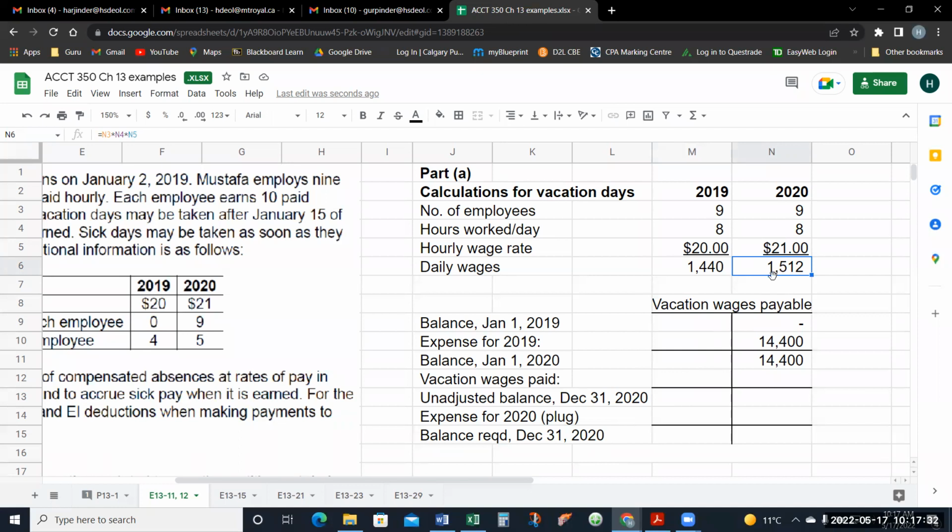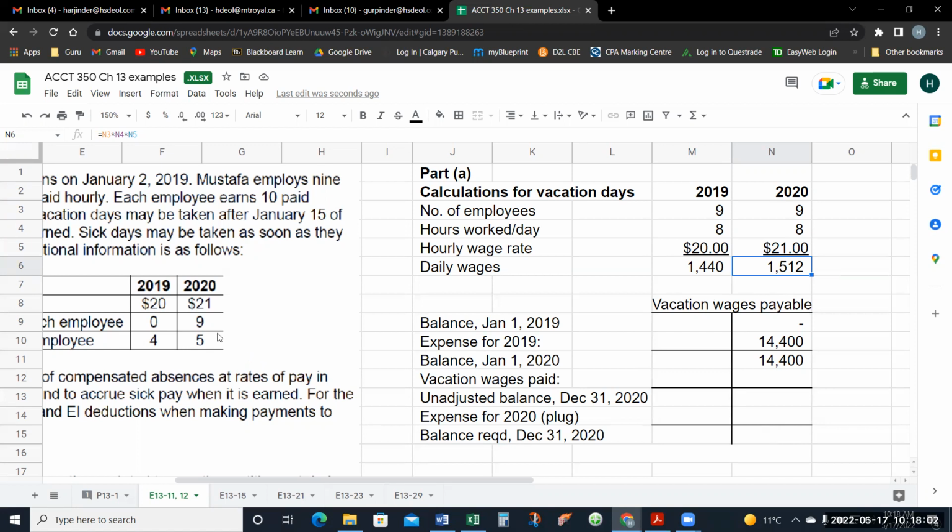If I'm taking paid leave in the current year, I expect to be paid the salary that I'm entitled to in the current year. I don't care that the vacation was earned in 2019. I expect to be paid at the rate that I am being paid at the time of taking leave. So that is what would happen with these employees.